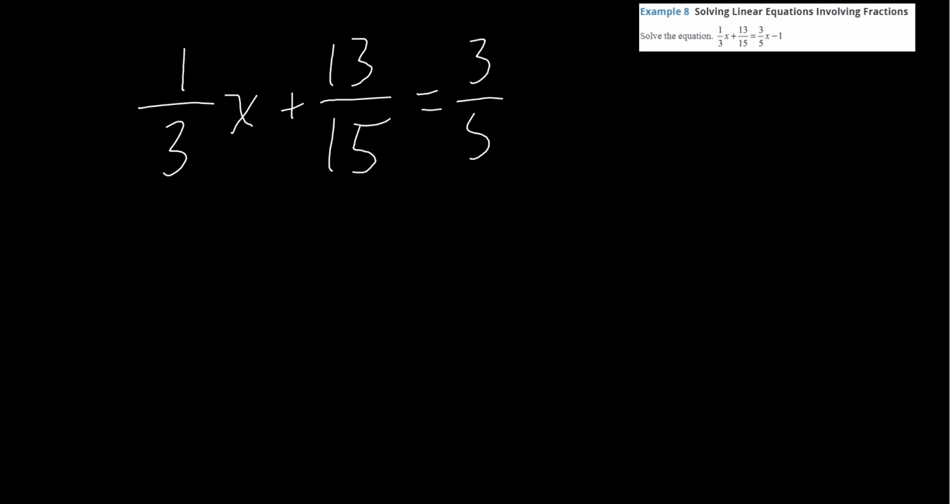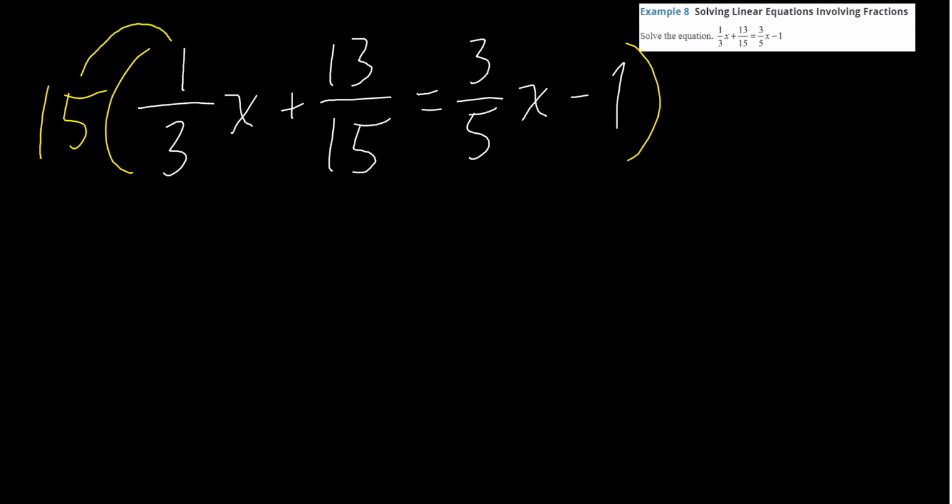So what I'm going to do is take my equation, and I'm going to multiply the whole thing by 15. Okay, so let's distribute. I got 15 over 3. 15 over 3 is 5, so I got 5x.